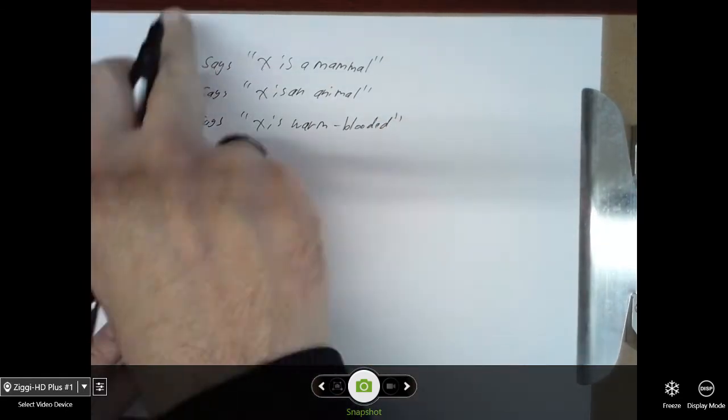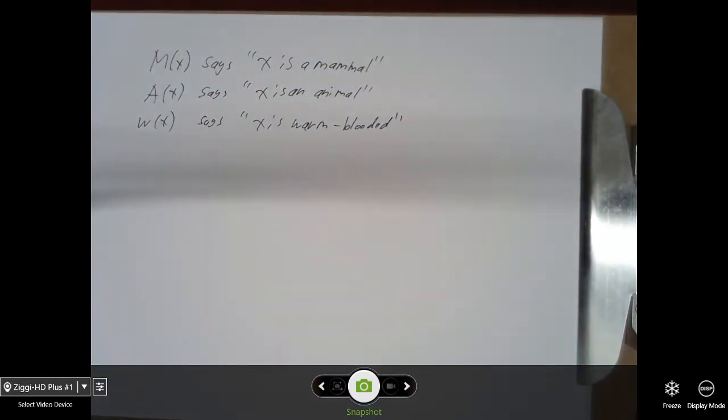So these are each propositions with a propositional variable X. When you pick an X, you've got a different proposition.